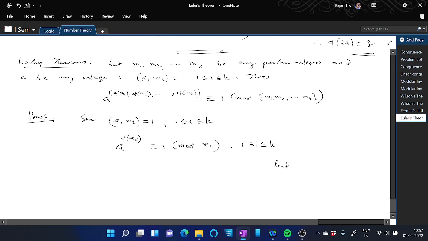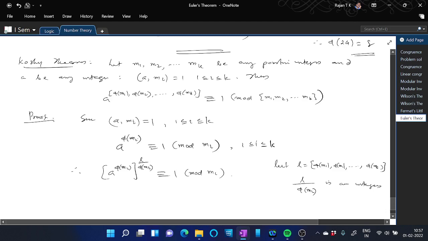Let L equal the LCM of phi(m1), phi(m2), etc., phi(mk). Then L divided by phi(mi) for any i is an integer, and therefore a raised to phi(mi), raised to L by phi(mi), is congruent to 1 mod mi.